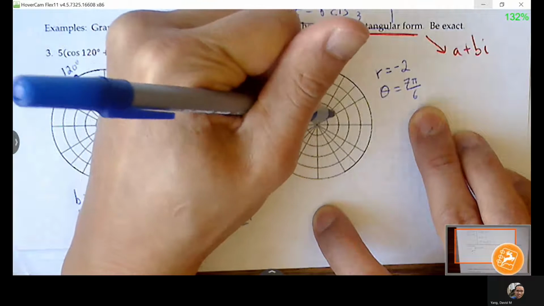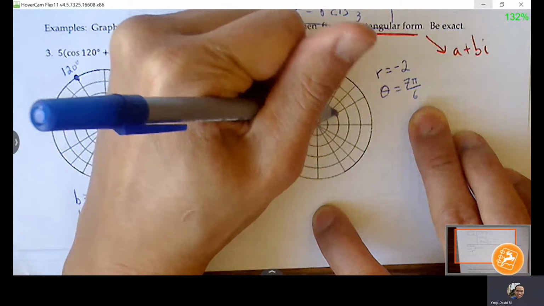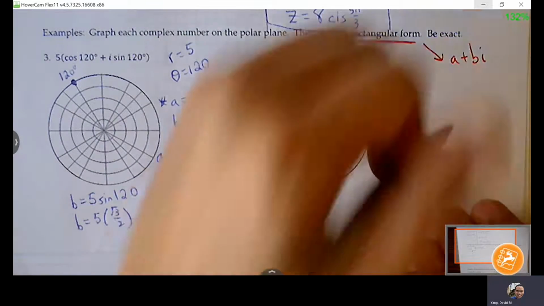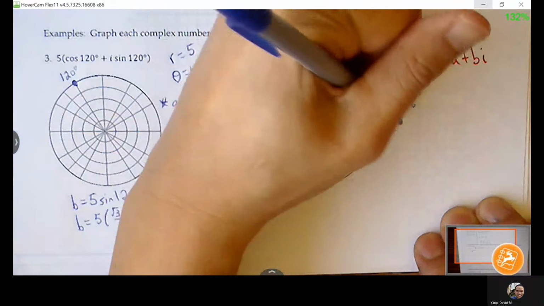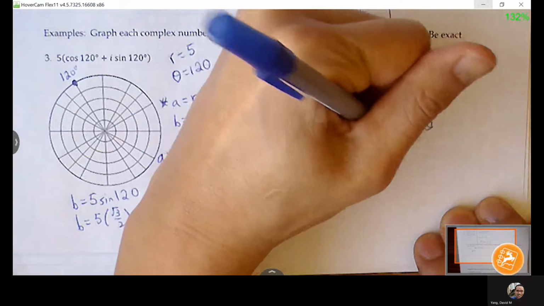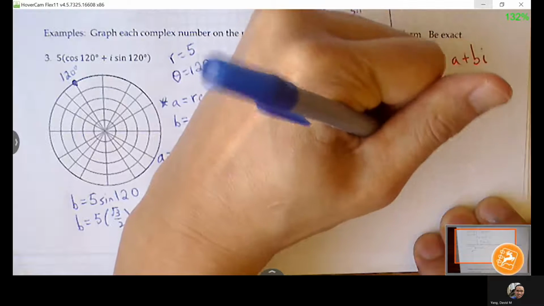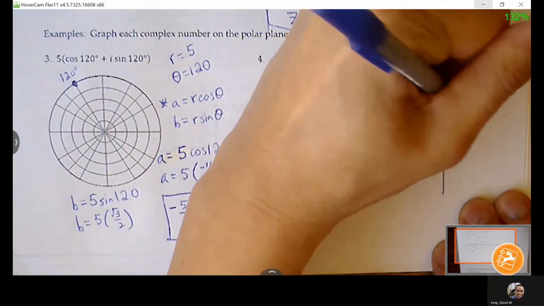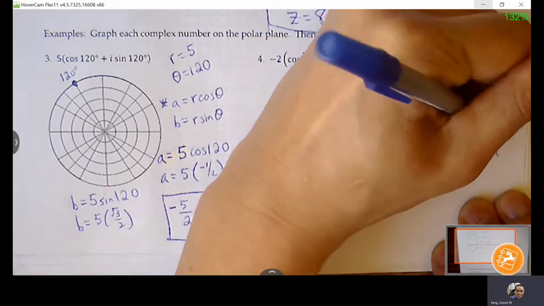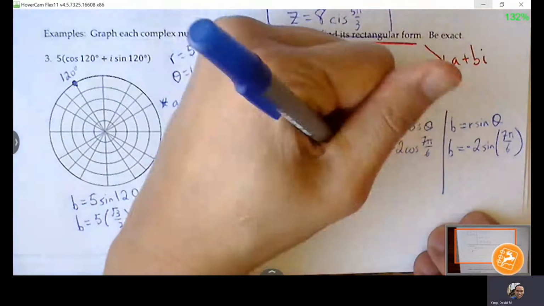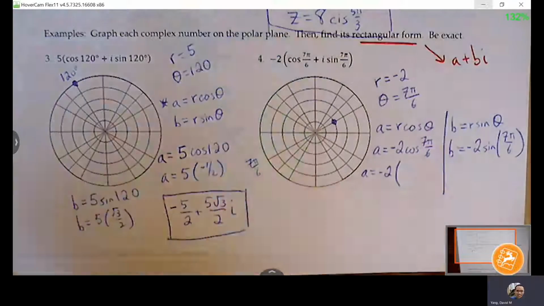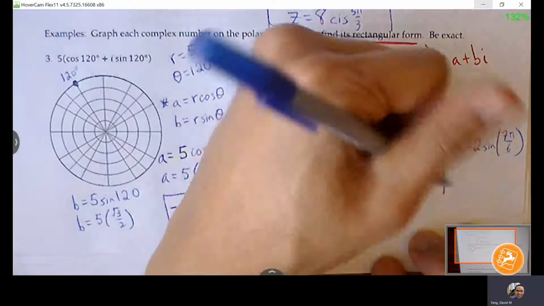Away. Cosine and sine are both negative in the third quadrant.